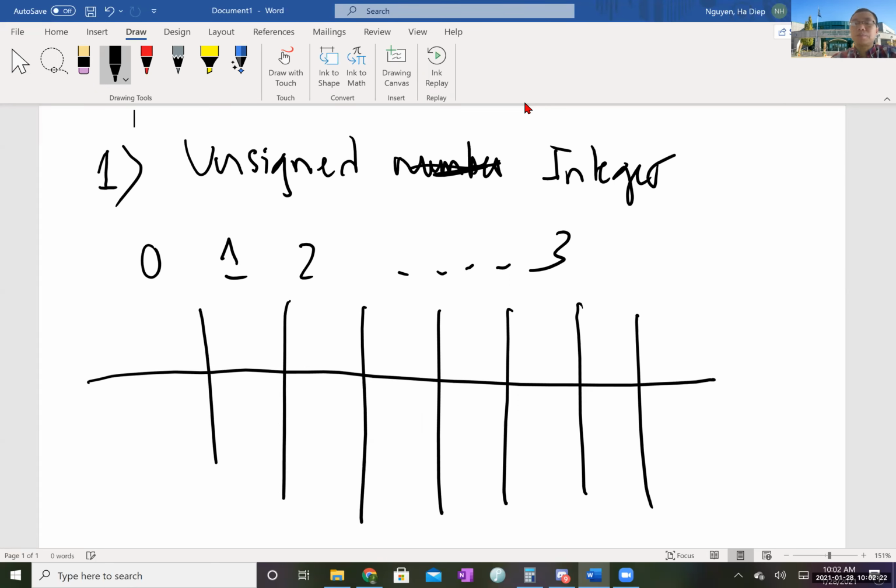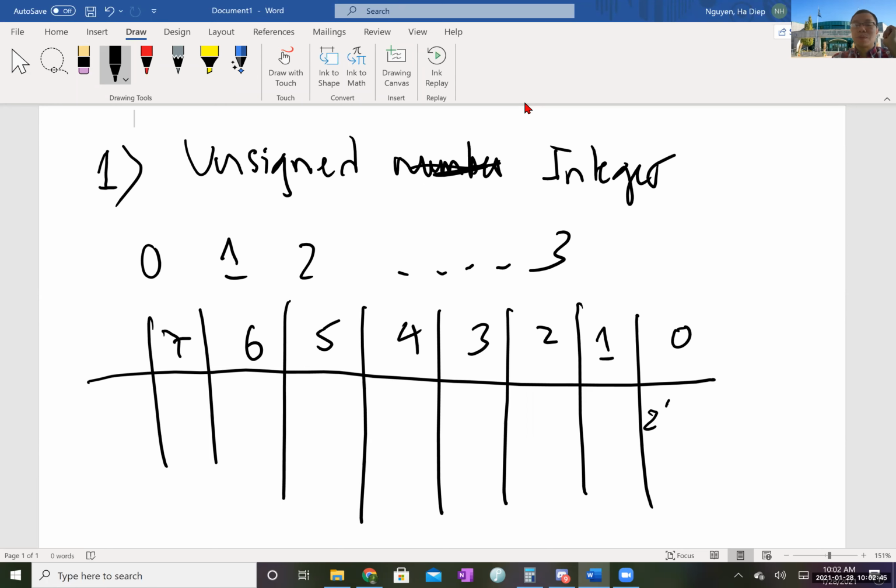The first row is the bit numbers: 0, 1, 2, 3, 4, 5, 6, and 7. Think about it: if you have 1 byte, that means you have 8 bits, and the bit numbers go from 0 to 7. When working with binary, everything is base 2.